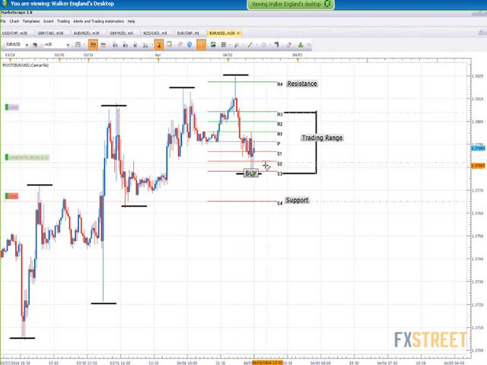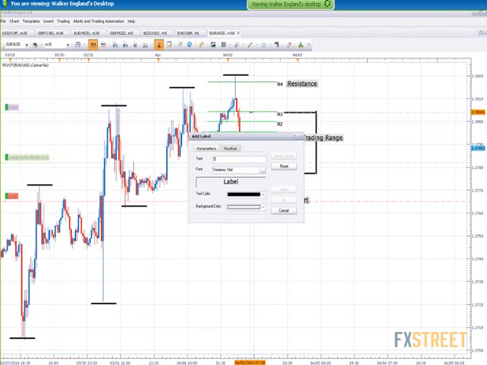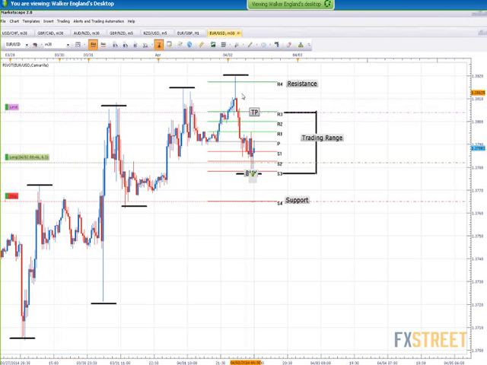Now, if I'm targeting the entirety of the range, that's where I have my key limit, my take profit order up above at R3. Notice if I measure the distance between these two from S3 to R3, that's going to be right in the way of 25 pips.